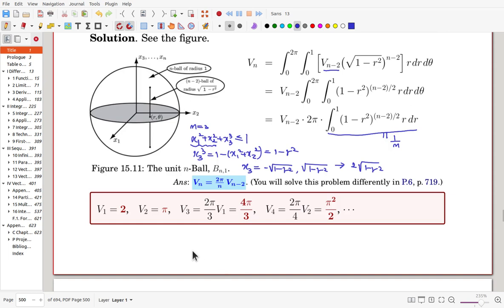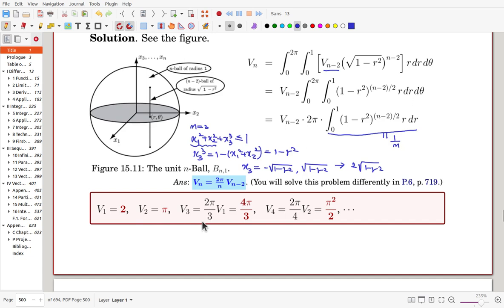Okay, let's see some examples. We know that V1 is 2, the unit interval from minus 1 to 1 has length 2, and V2 is pi, the disk of radius 1 on the plane, pi r squared with r equal to 1, so we have pi.